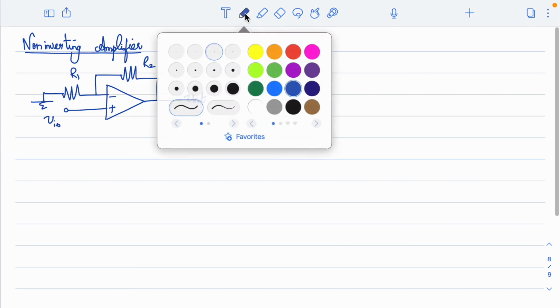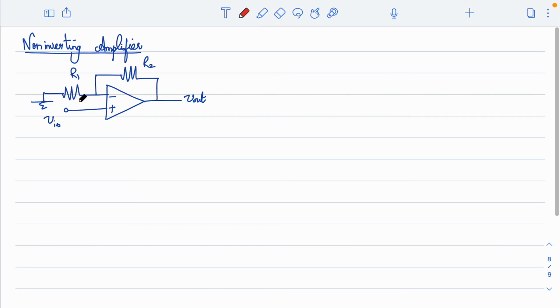Now, the very first case is when A is equal to infinity, open loop gain as infinity, so I mark this as A. So when your A is infinity, I can write V out by V in is equal to, how will I write V out by V in?